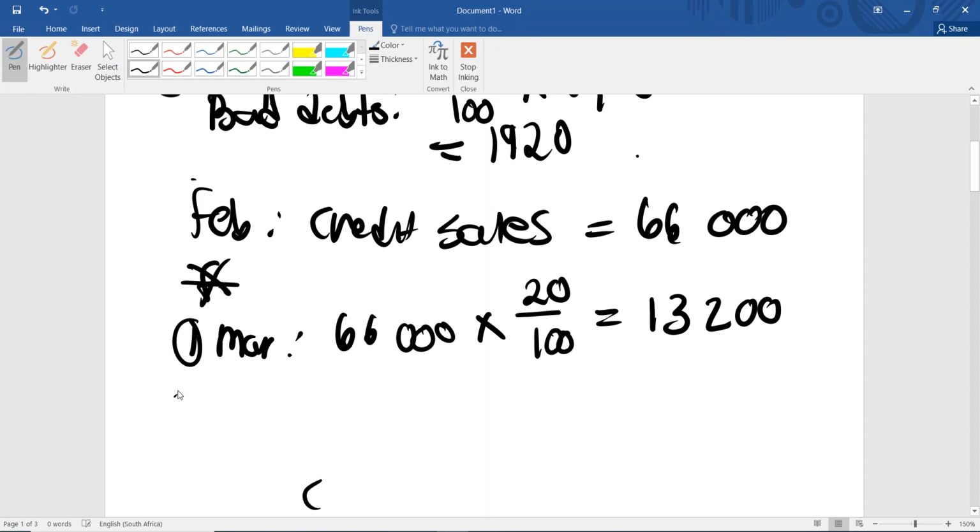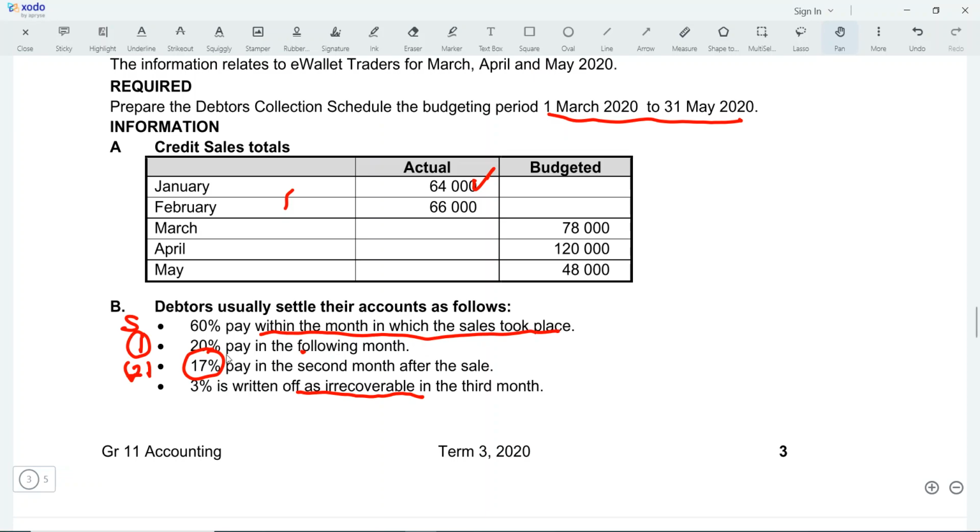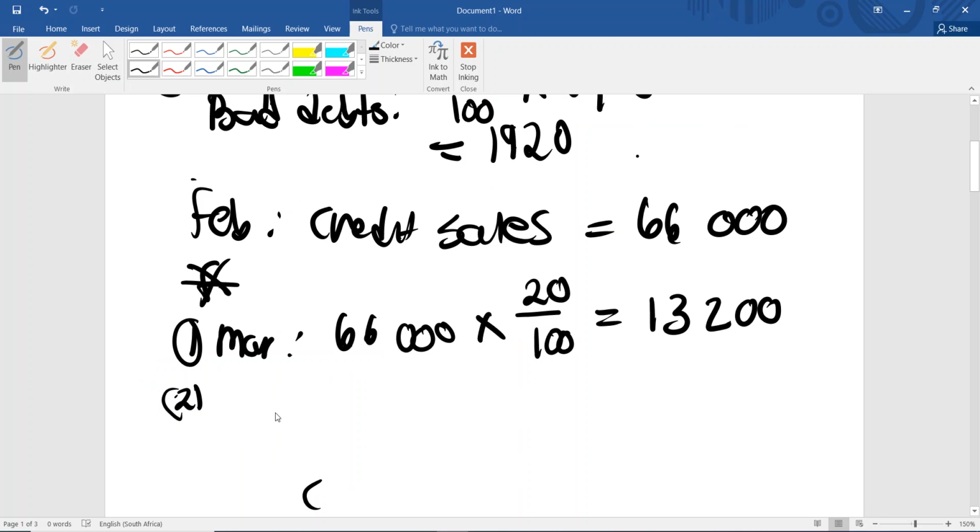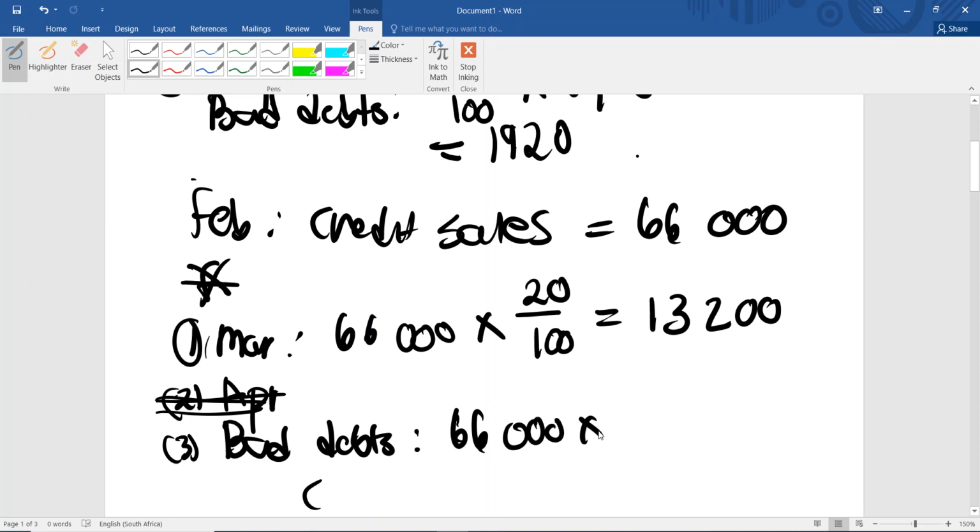And then in the second month, remember they said we are only collecting 17%, so it's going to be for April, but you must remember that April is outside our period. Actually, I just forgot that we are ending with May, so April will be calculated because it's part of our period.